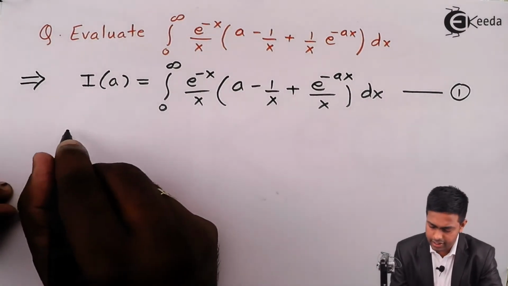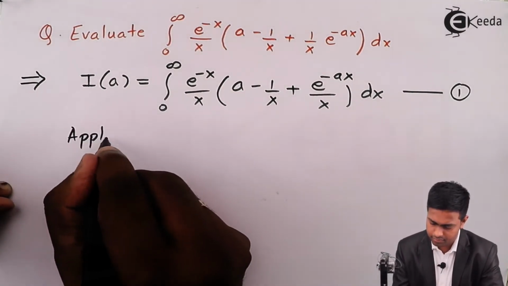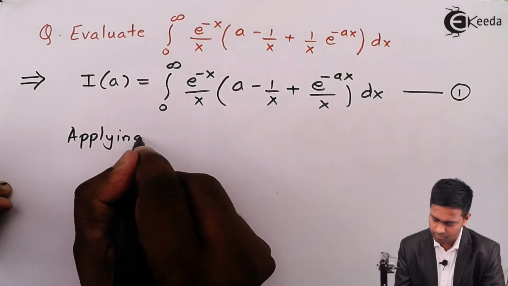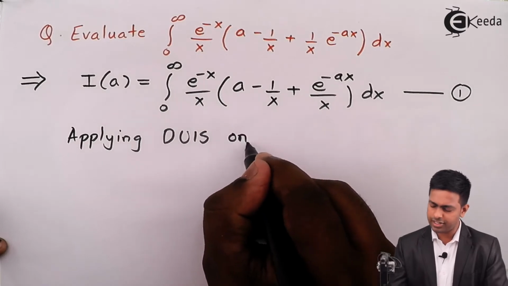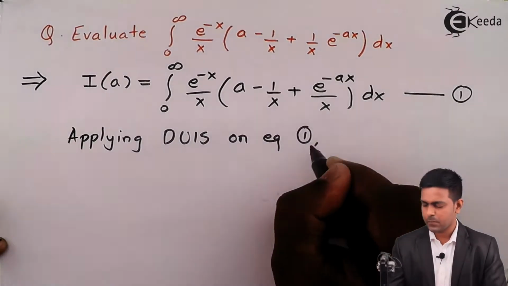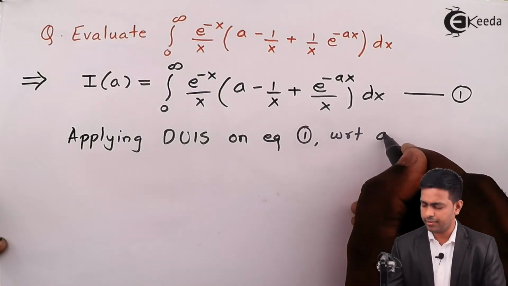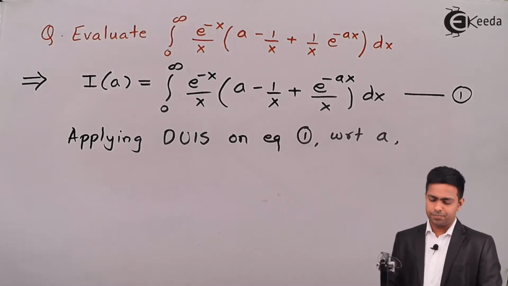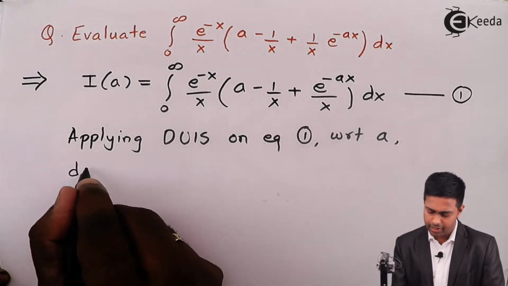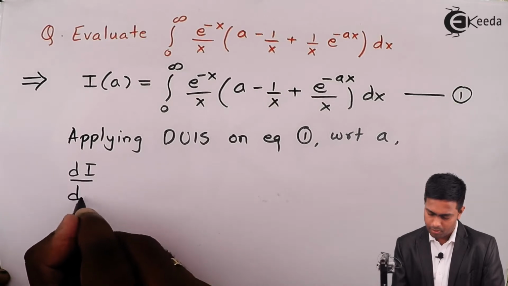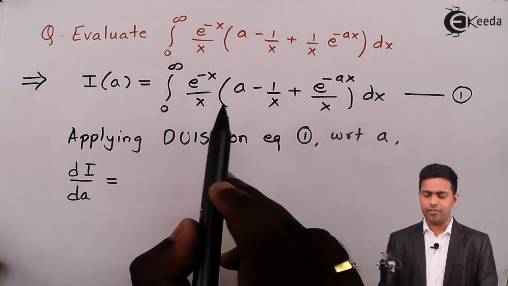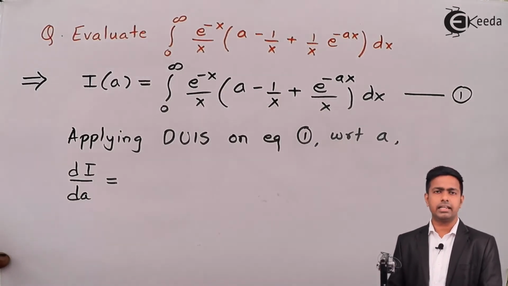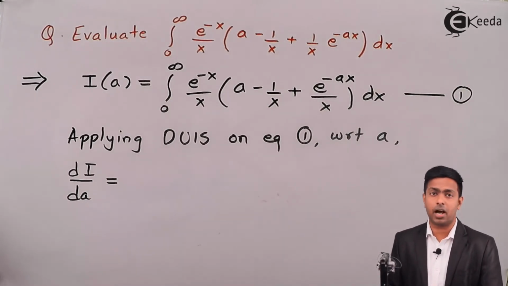Now here I'll say applying DUIS on equation number 1 with respect to a. This will give us dI by dA on the LHS, whereas on the RHS we will differentiate under the integral sign, and the differentiation will be the partial differentiation.